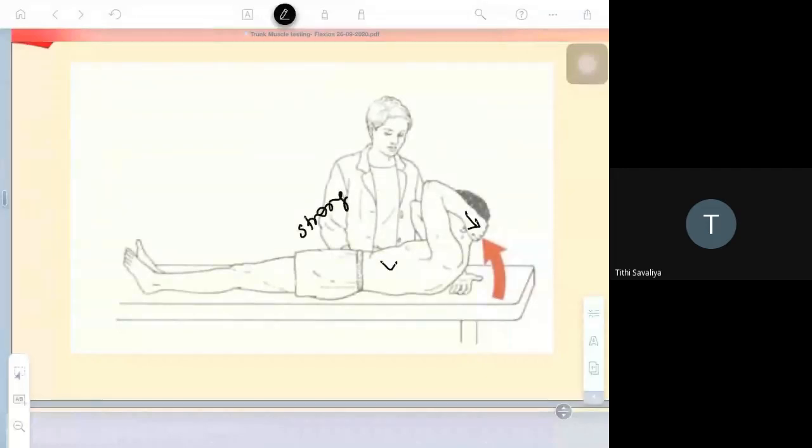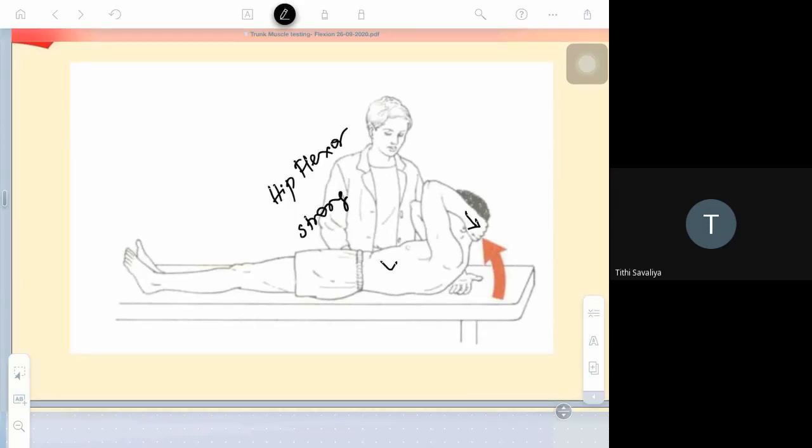then you will just stand by the side. No need to support ankle as you are doing in extension. Clear? If hip flexor muscle is strong, then you will stand by the side. No need to support. But if hip muscle is weak, then you have to support.